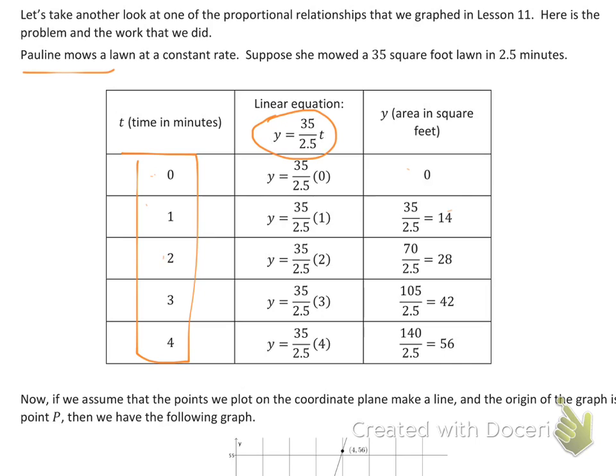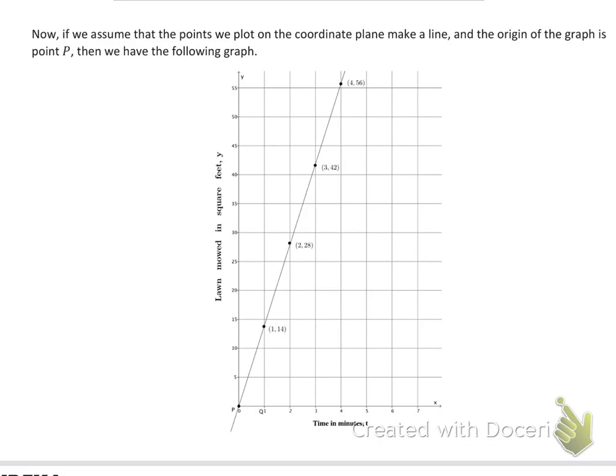Now if we assume that the points we plot on a coordinate plane make a line, and the origin of the graph is point P, then the graph looks like this. So here's our graph. We've got point P down at the origin, right here. And we've plotted our points, and we have a scale here. The scale on the x-axis is every grid line is 1 minute. On the y-axis, it's a little different.